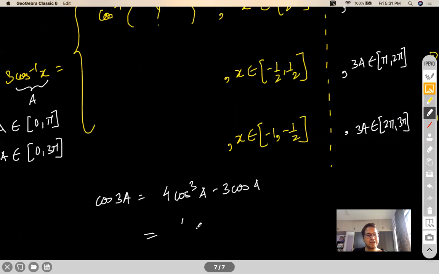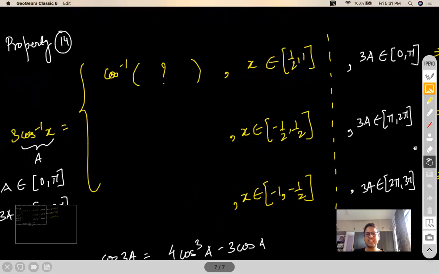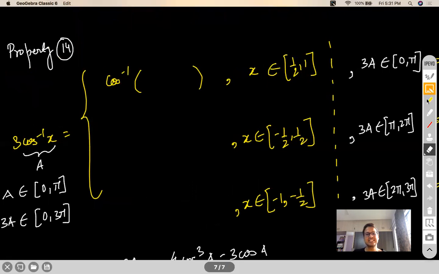Which is nothing but 4x cube minus 3x. So this question mark is 4x cube minus 3x. Done. So the first formula is ready in front of us. Is it fine? Any questions with respect to the first one?